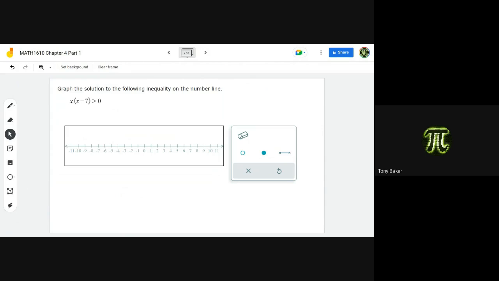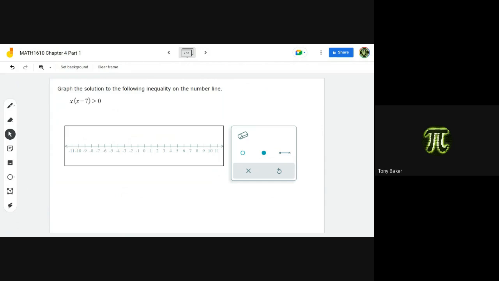When you're looking at a linear inequality, they're pretty simple and straightforward. You just put your point there and draw your line. However, in quadratics, it becomes a little more complicated because we have multiple values that work. So we have to figure out where my line is going to be because it can be in multiple places.